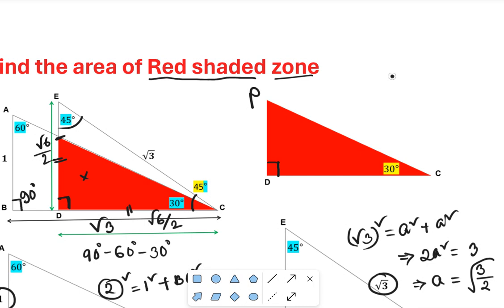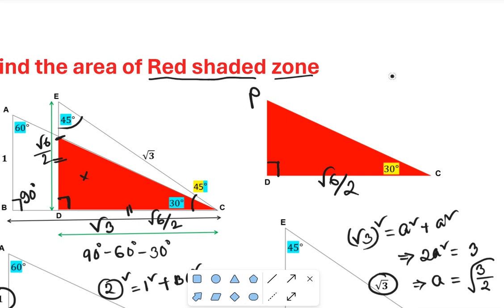And we have the side length, which is DC, which is root 6 by 2, but we haven't got the value of PD. So this is the height of this triangle.